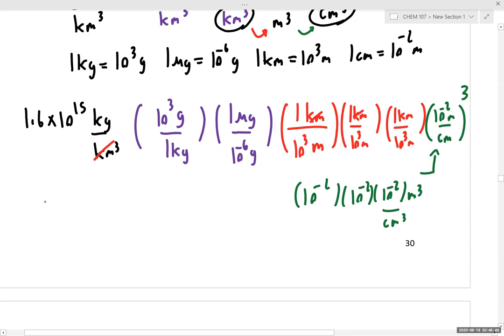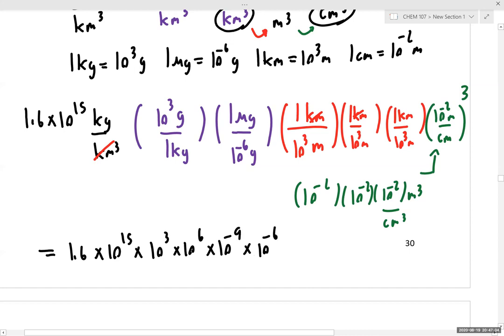Okay, so if we punch this entire string into our calculator, that gives us 1.6 times 10 to the 15th times 10 to the 3rd times 10 to the 6th times 10 to the negative 9th times 10 to the negative 6th. And this has units of micrograms per centimeter cubed.